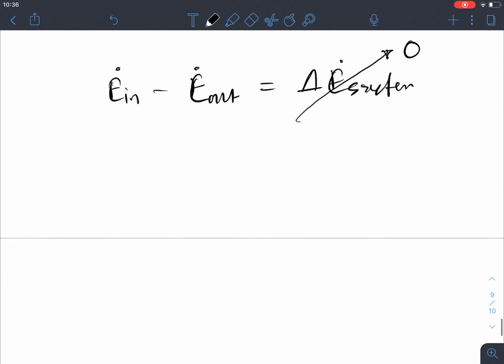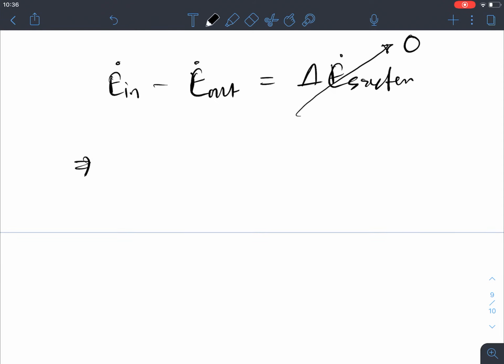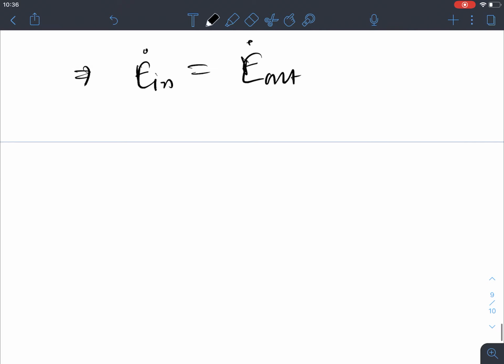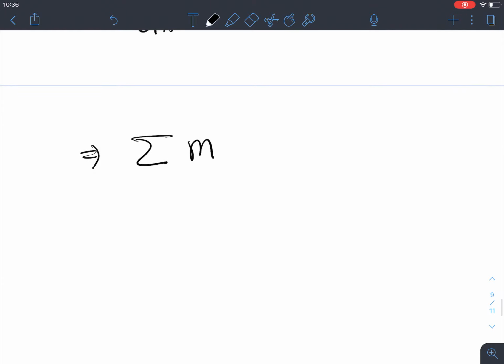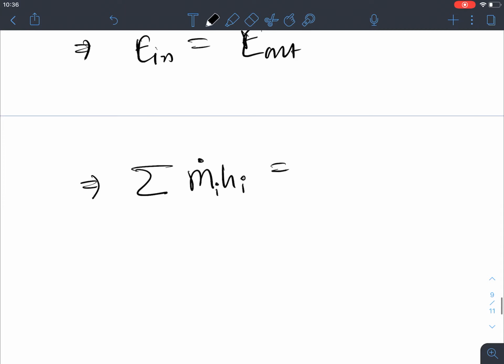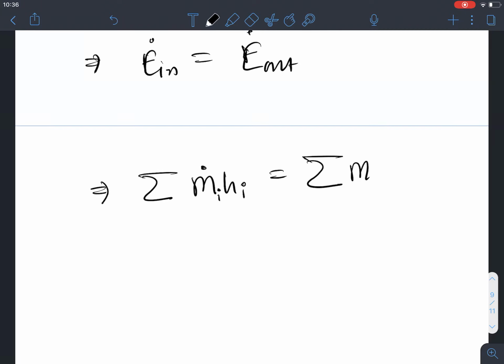So basically E in equals E out. So it would be summation of input enthalpy equals summation of output or exiting enthalpy.